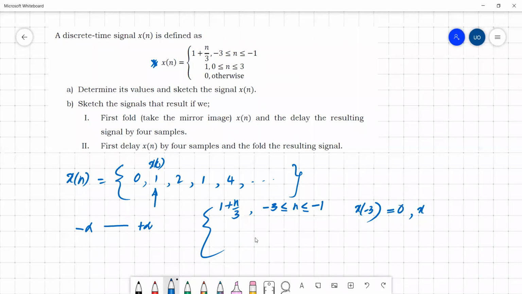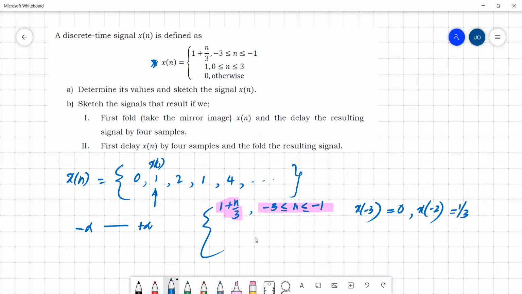If you want to find x minus 2, just plug it in here, because n equals minus 2 is within that range. This is the corresponding functional value, so you substitute minus 2 into n. Then it becomes 1/3. Likewise, you can find values up to n equals minus 1.